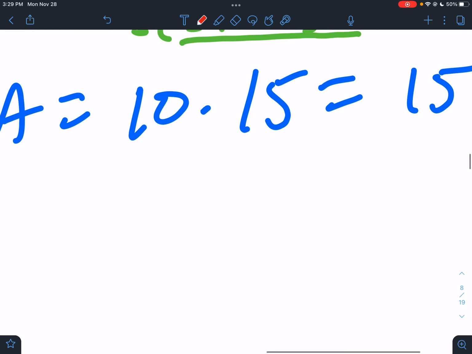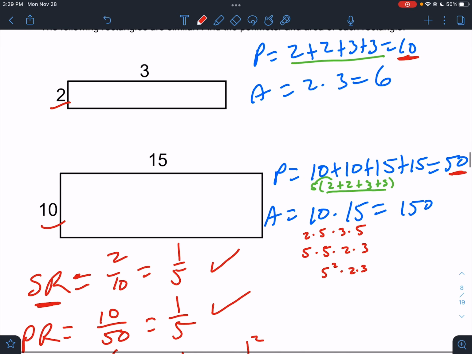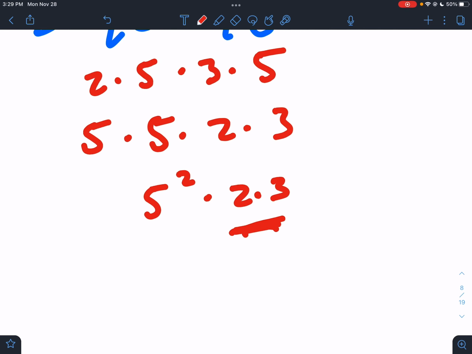Let's look at this real quick. 10, isn't that 2 times 5? 15, isn't that 3 times 5? If I reordered those numbers, isn't that 5 times 5 times 2 times 3? Or 5 squared times 2 times 3. 2 times 3 is the other area. So it's the original area times 5 squared, not times 5.